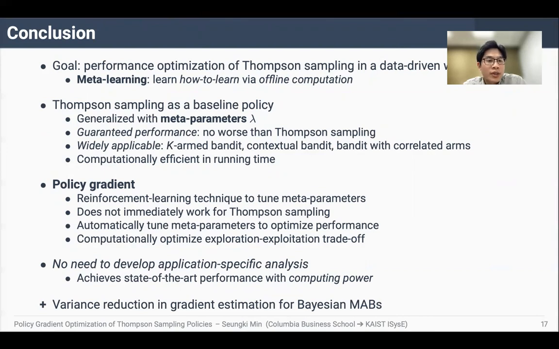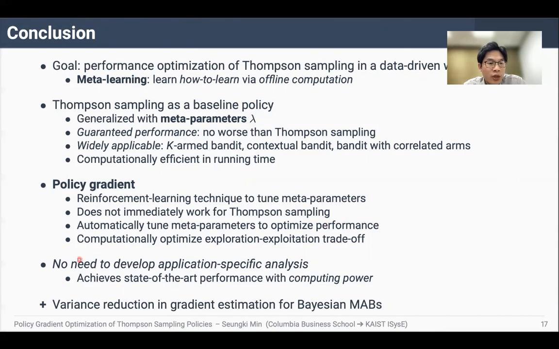And by using the Thompson sampling as a starting point, the resulting policy, the trained algorithm, is guaranteed to perform better than Thompson sampling, which is already good, while preserving all the nice properties that Thompson sampling has. So basically it can be implemented wherever Thompson sampling can be implemented. And we discussed the simple tweak that allows us to apply the policy gradient, which seemingly does not work for Thompson sampling at first look.